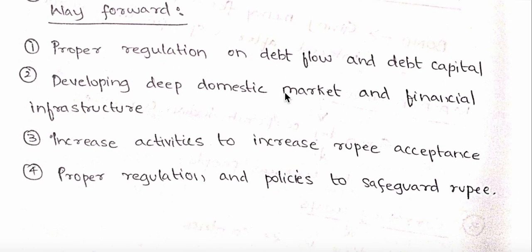Next, we should do all the activities needed to increase rupee acceptance in all countries. For example, increasing exports, increasing tourism, and publicizing unique things done in India like Ayurveda, local food items, local fruits, etc., so that our exports and economic activity increase.